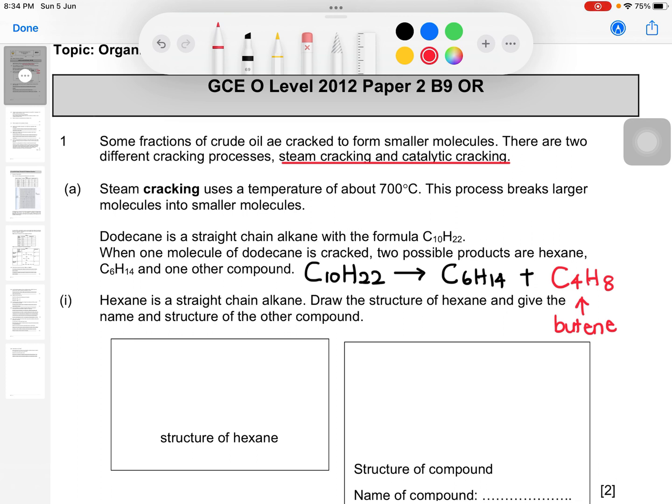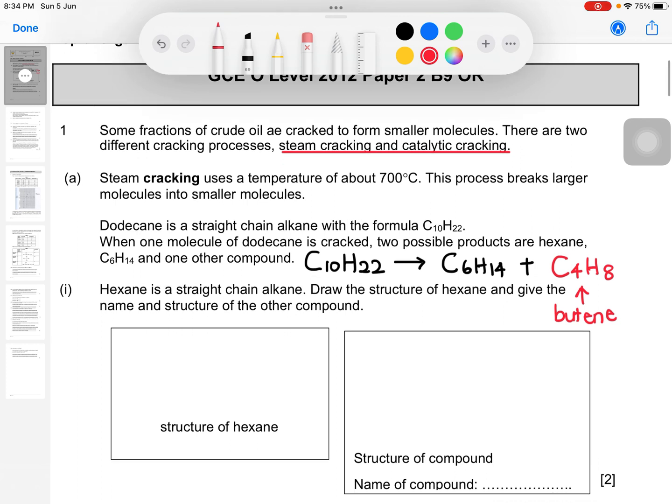The structure of hexane, you are asked to draw the structure of hexane.